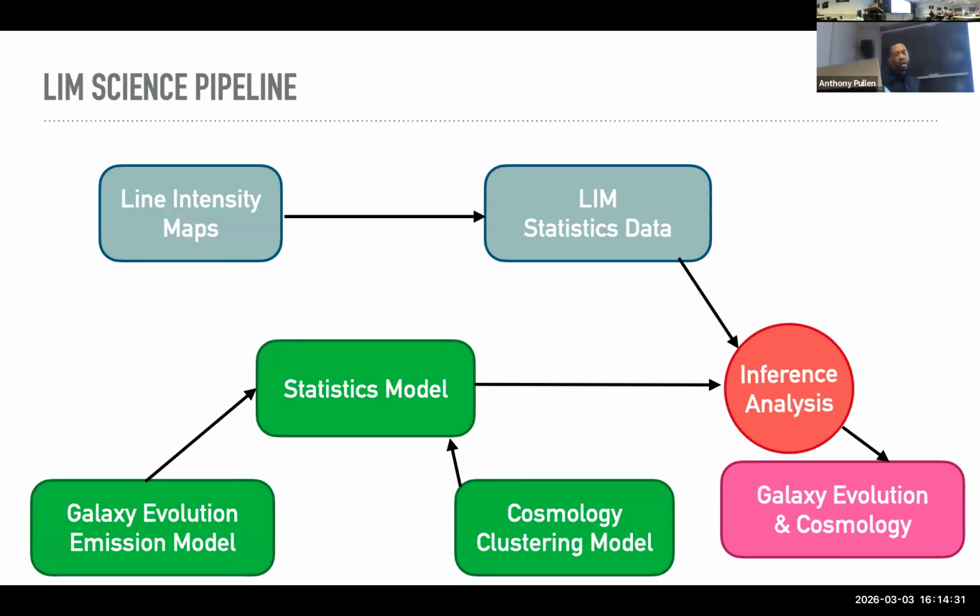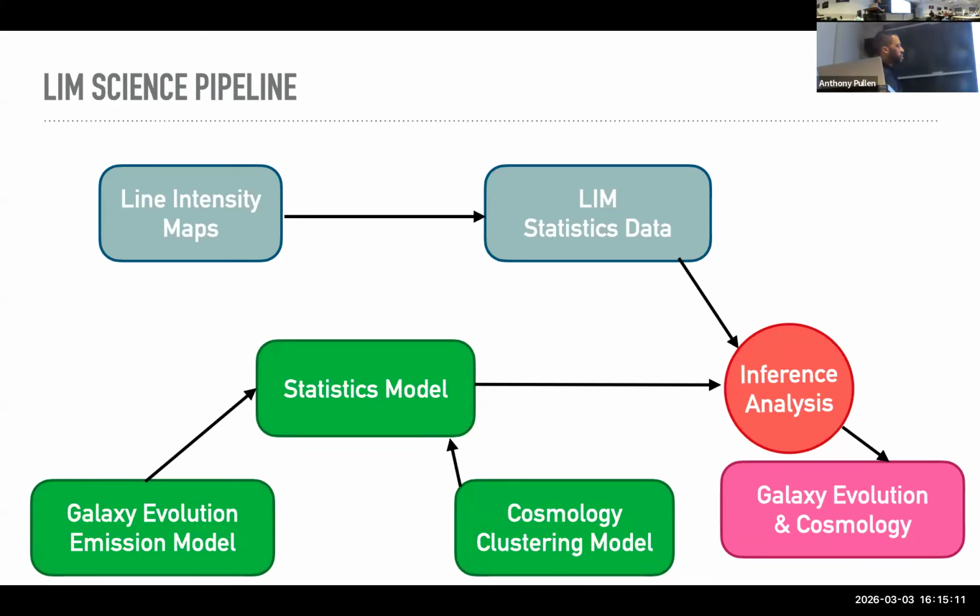Now I want to highlight the common line intensity mapping science pipeline that you should keep in mind. You start off with some line intensity maps. One thing I didn't make explicit is that these maps need to be cleaned of foregrounds, which could be its own talk on how to do that confidently. Once you have those maps, you construct statistics with them, because since you're not measuring individual galaxies, you can only do statistical measurements using the full maps to sample the large scale structure.